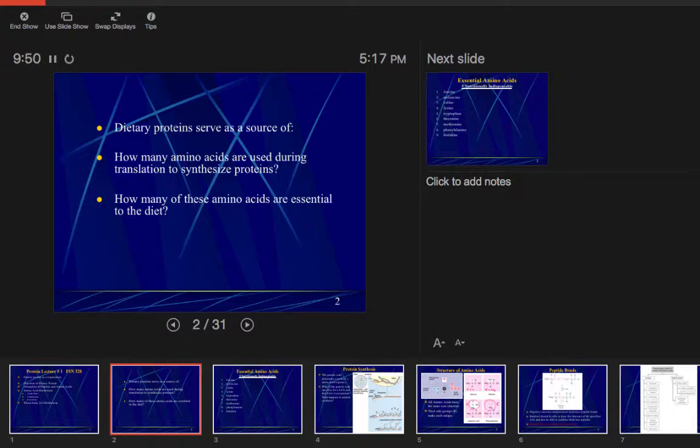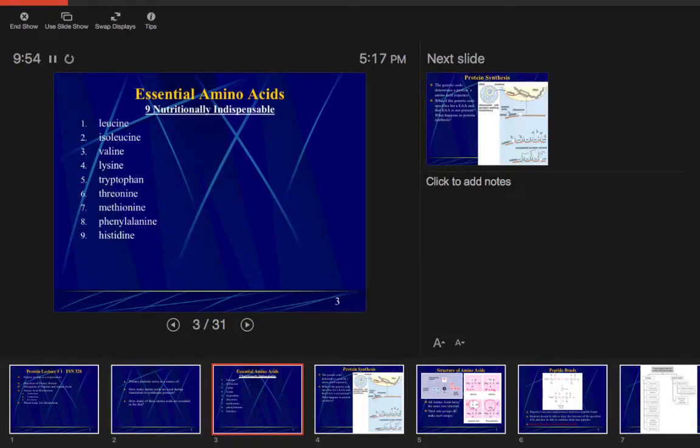So we've got to make sure that our dietary protein gives us adequate amounts of these. These are the essential amino acids for humans. You can also refer to them as the 9 nutritionally indispensable amino acids. In other words, they have to be in your diet. You've got to memorize these. Do you know these already? Okay. You've got to know which ones are essential and which are not.